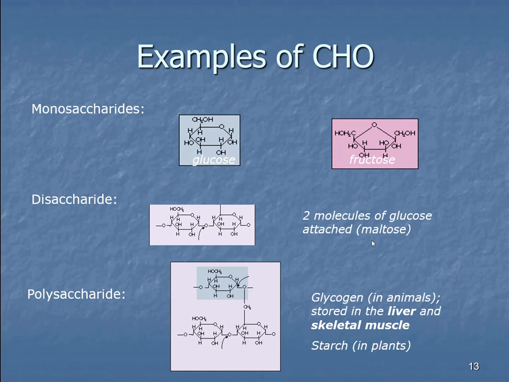And as I was alluding to on the previous slide, the two big examples of polysaccharides that are important in physiology are glycogen, which is how we store carbohydrate in the body. We store it in the liver and also within muscle. And then starch is a plant form of polysaccharide. So if you're eating a food like potatoes or pasta, that has a lot of starch, and all starch is a long chain of glucose molecules.